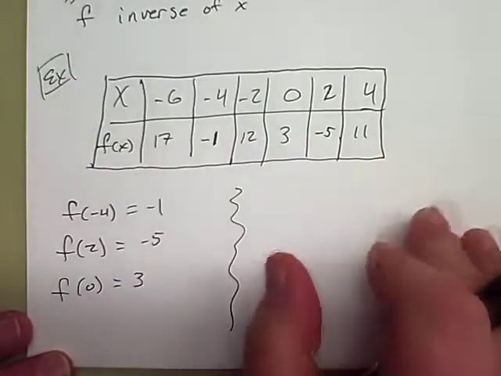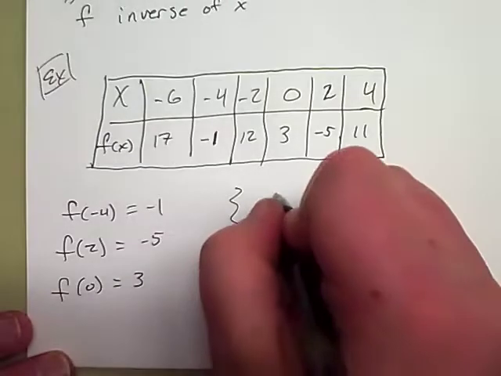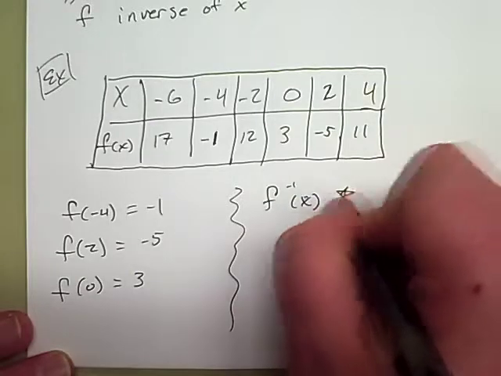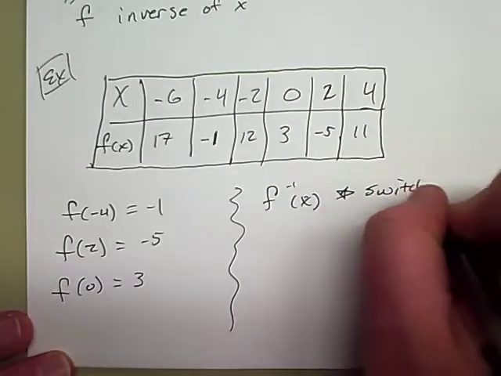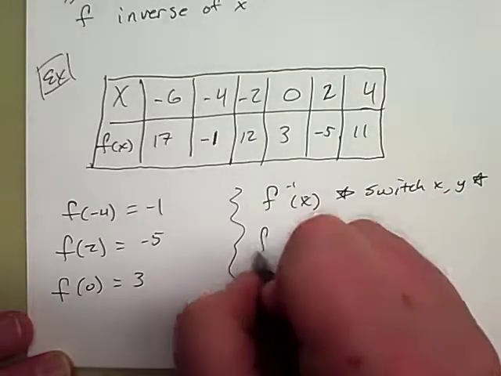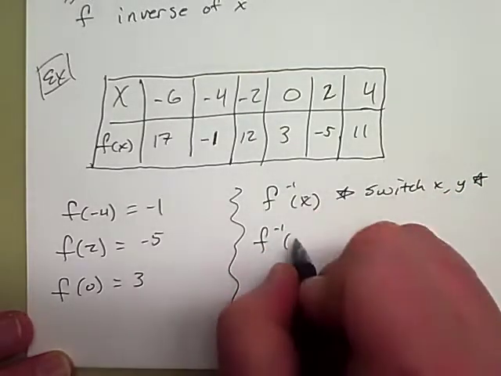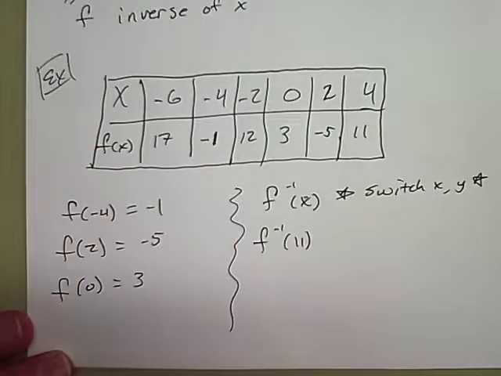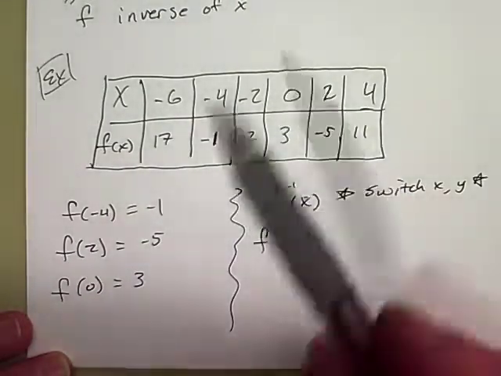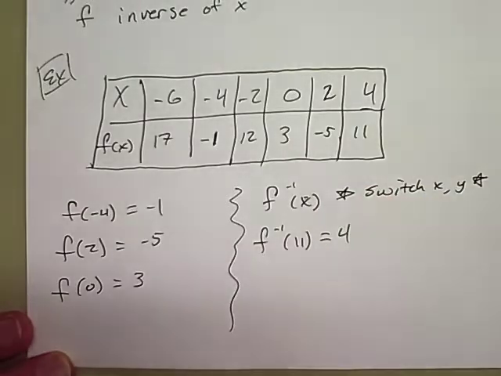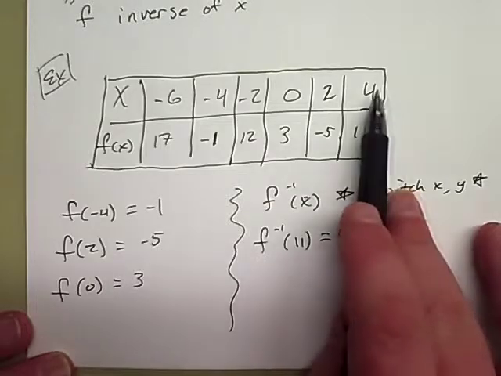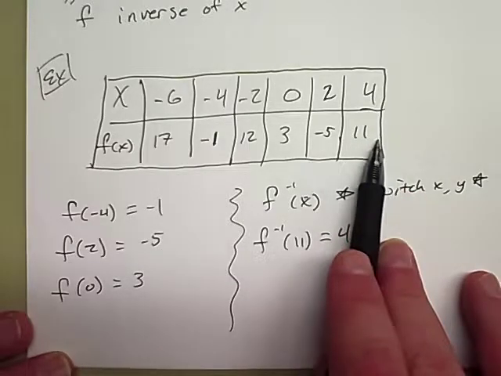Now, when we're dealing with our inverse function, f inverse of x, remember, this is going to switch x and y. So if I say f inverse of 11, well, now I'm looking for the y value of 11, and the output then equals a 4. It used to be that this was the output. When I plug in a 4, I get an 11 out.